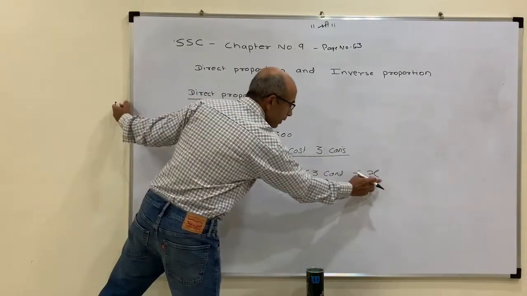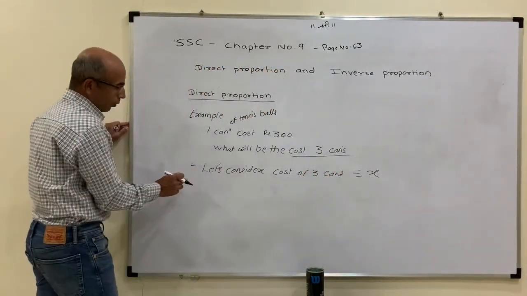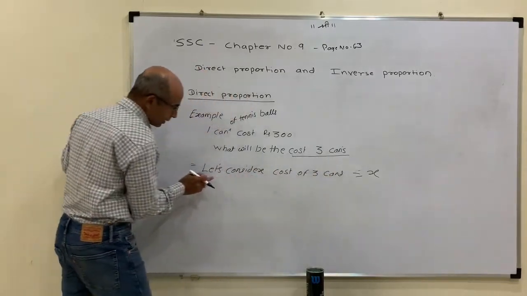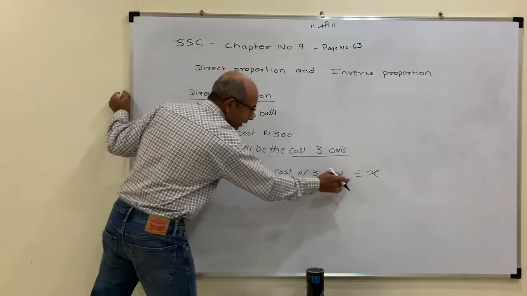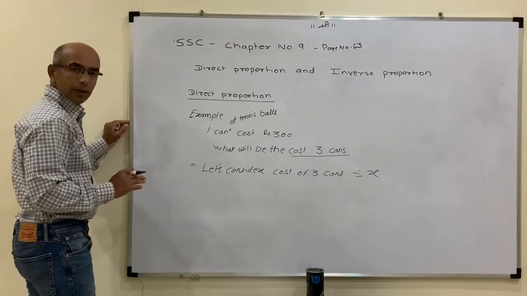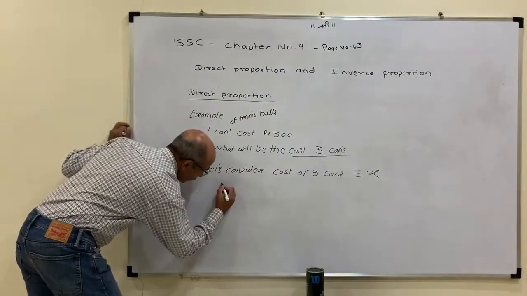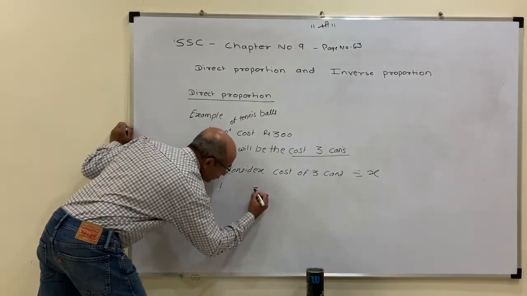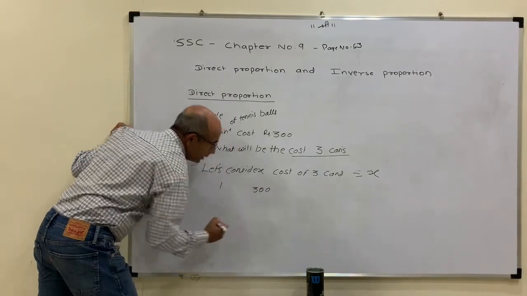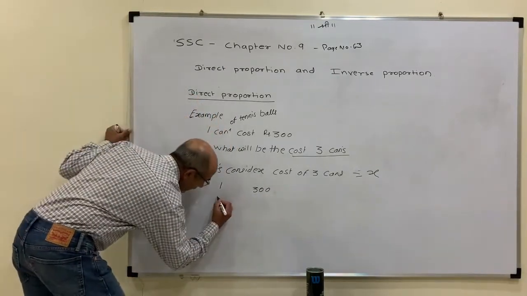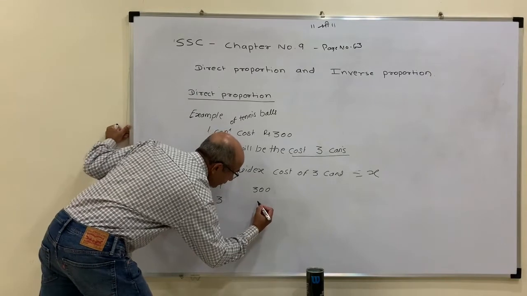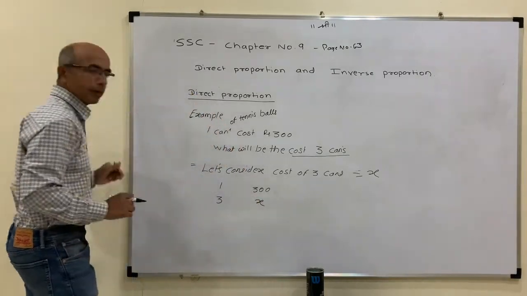Now what is to be found? The X is to be found. What is X? X is nothing but the cost of 3 cans. So my next step will be 1 can will cost 300 rupees and 3 cans will cost X rupees.